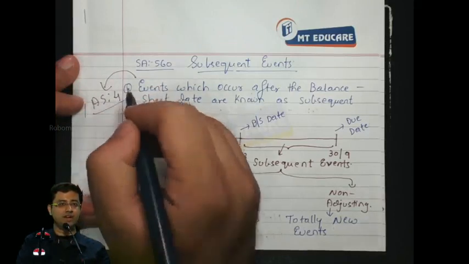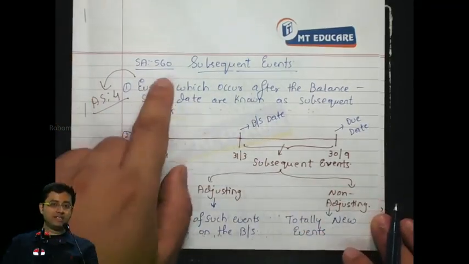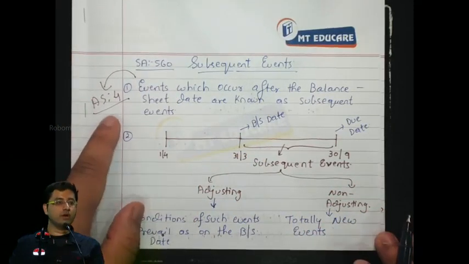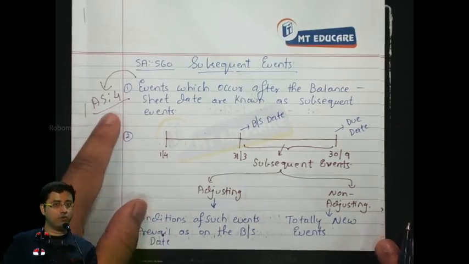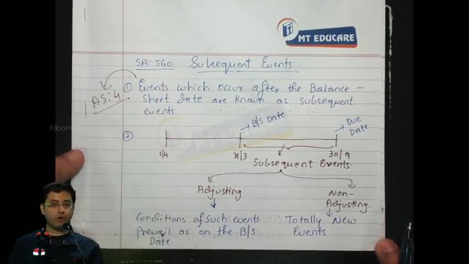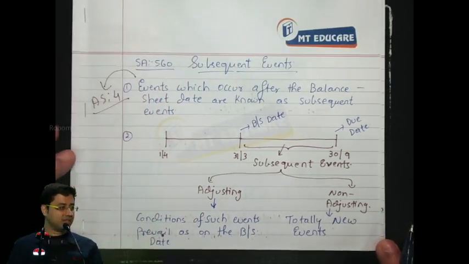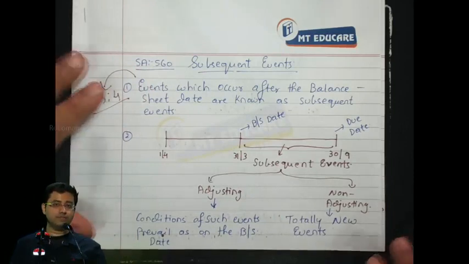What I am teaching you in SA-560 is somewhat similar to what is mentioned in accounting standard 4. So 560 and accounting standard 4 both speak on the same point, which is events occurring after the balance sheet date. Now I require your understanding, so don't talk, just pay attention.